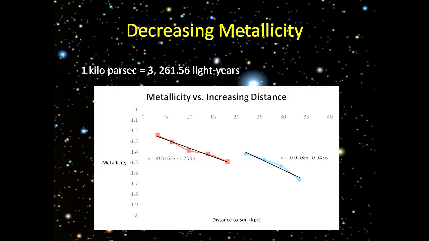there's a very obvious drop here. Here we can see that the slope of that is negative 0.016, whereas here it is negative 0.0208.